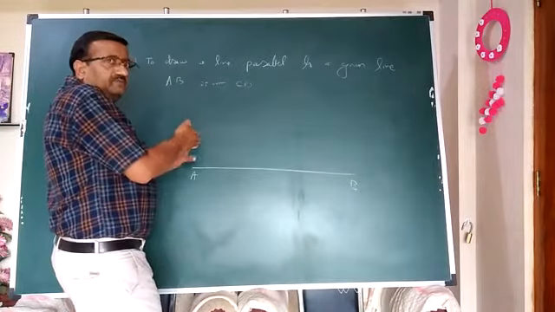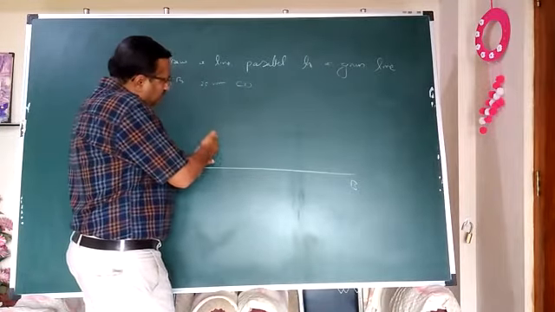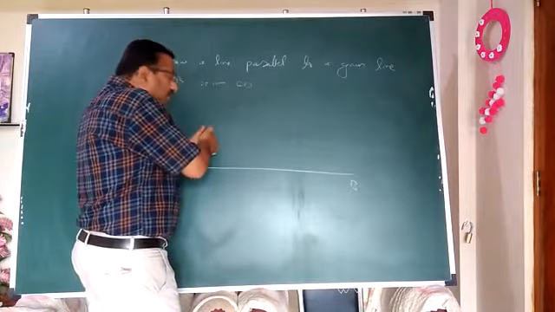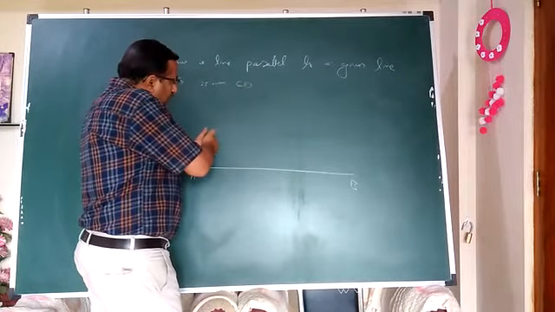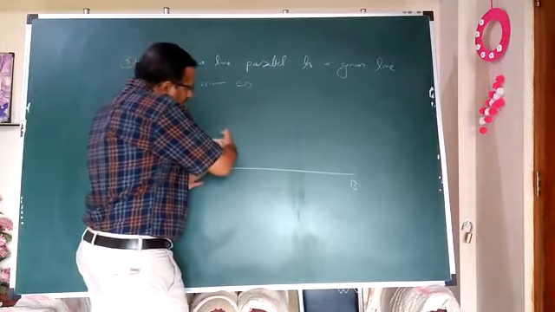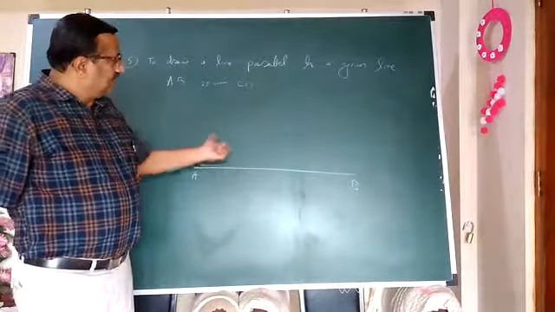The plane of the compass should be somewhat tilted in this way. It should not be normal to the blackboard, green board. It should make a certain inclination in this way. Then only you will be able to get that parallel.